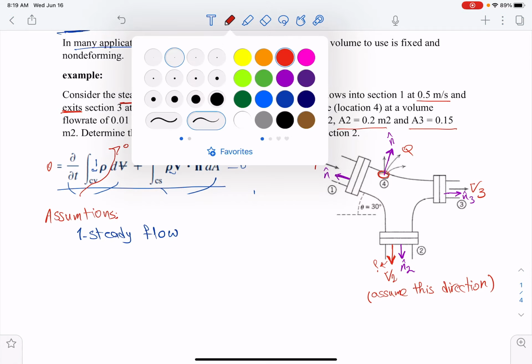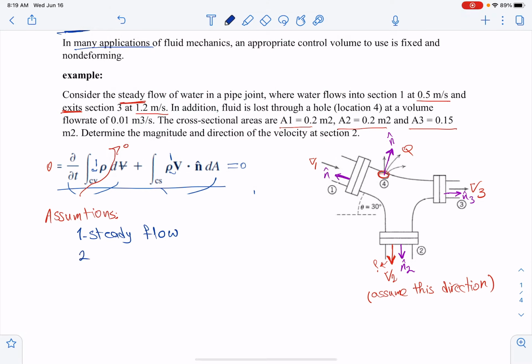Another assumption that we can make, because we have water, is that this is incompressible flow, meaning that density is constant.